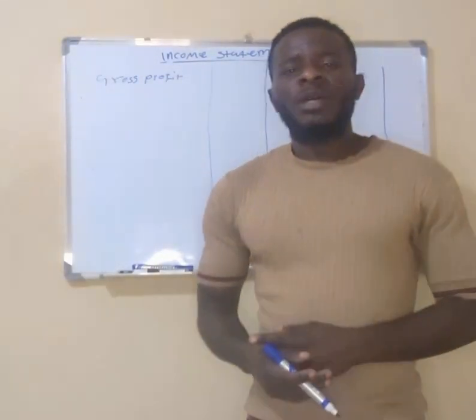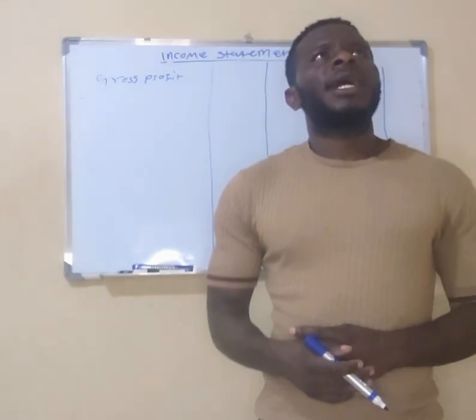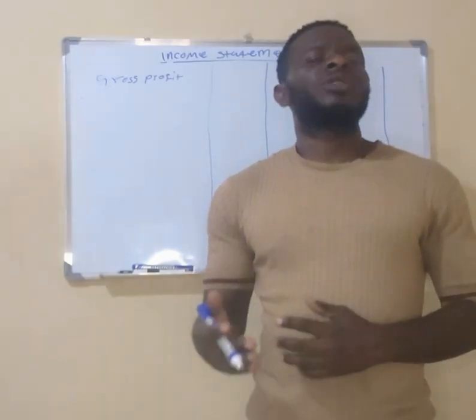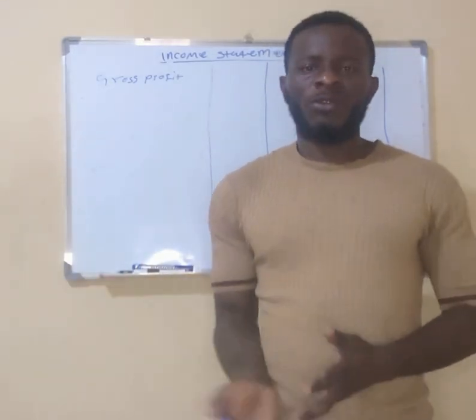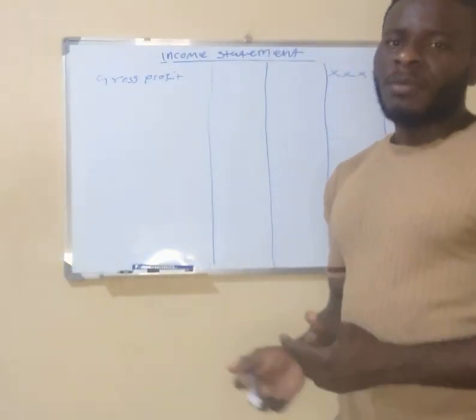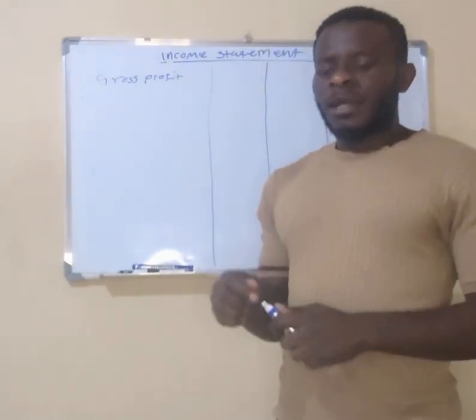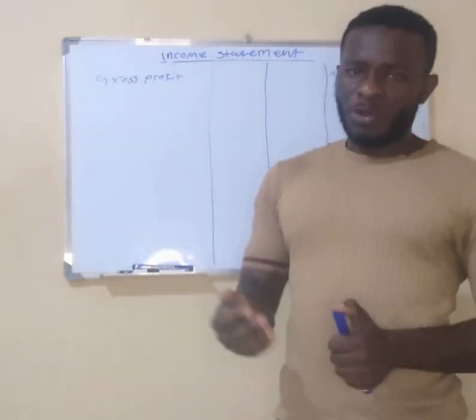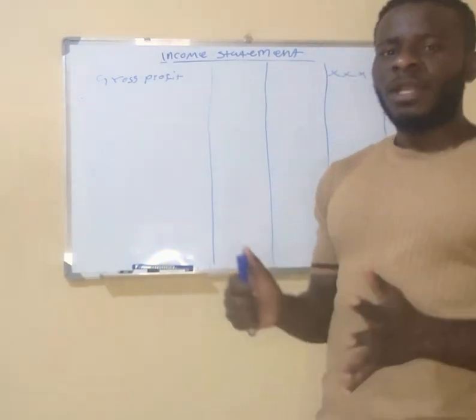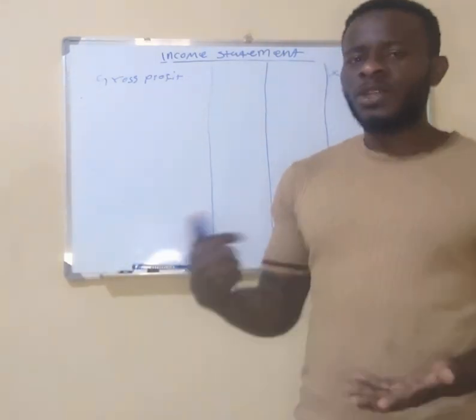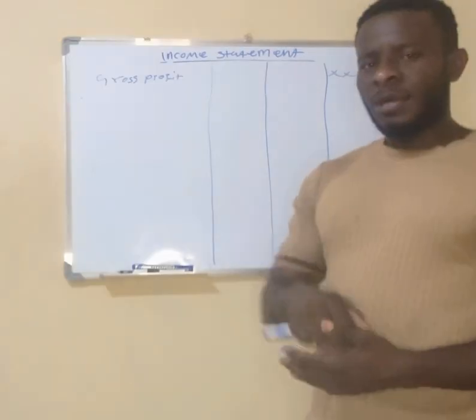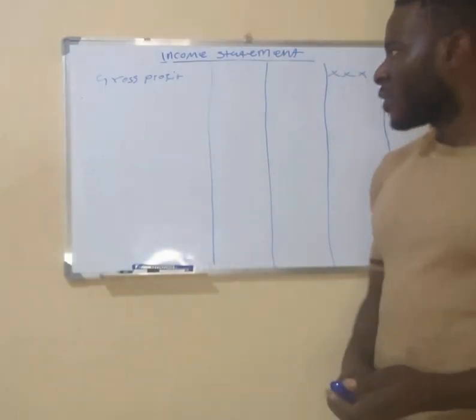And the other situation is where maybe you sell goods on behalf of another company or another business. The money that you receive after selling that item on behalf of another company, let's say, is a commission. So that commission received will be income to the business, to be added to the gross profit.